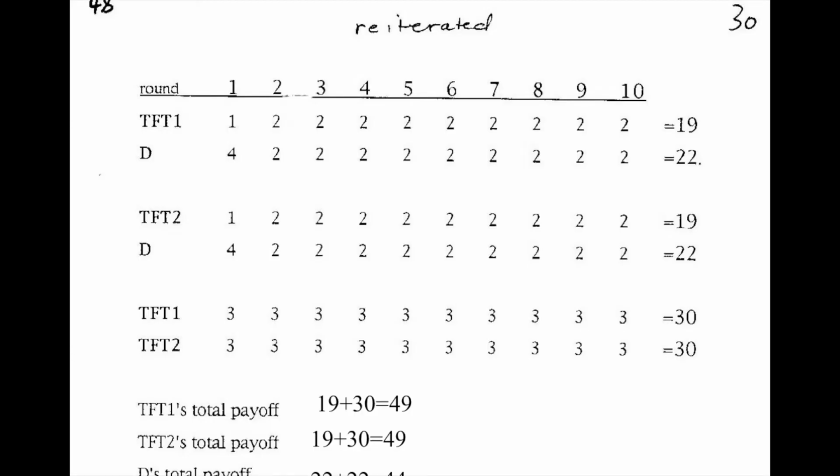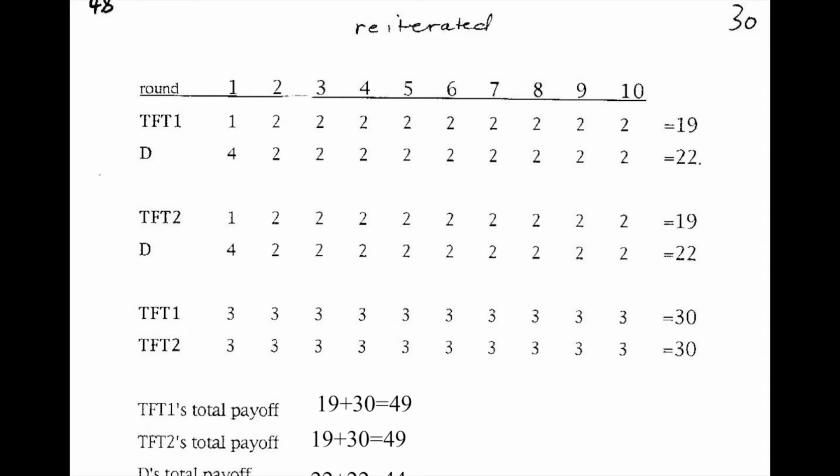And so if we look at how tit for tat fares playing against defect, tit for tat doesn't win when it's playing against defect. Why? Because in that very first interaction, defect gets that temptation payoff. Tit for tat will start off by cooperating and then receive the sucker's payoff for that very first interaction.